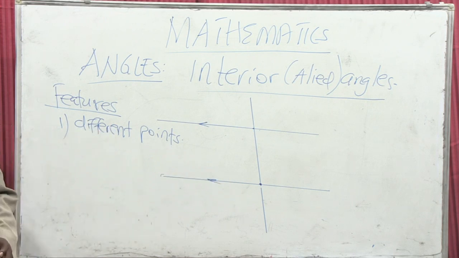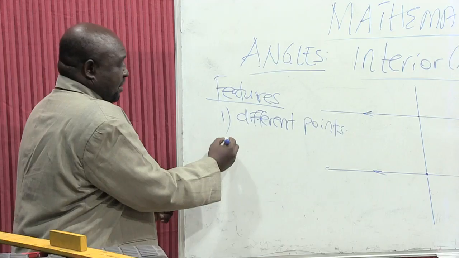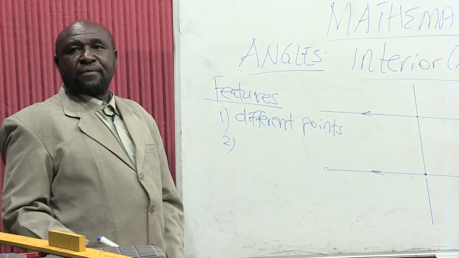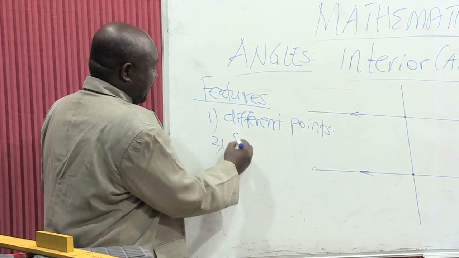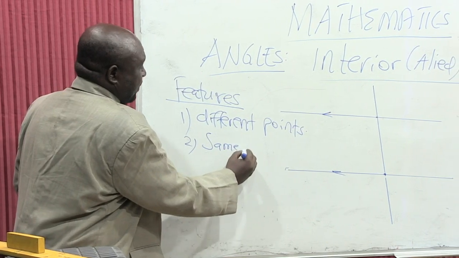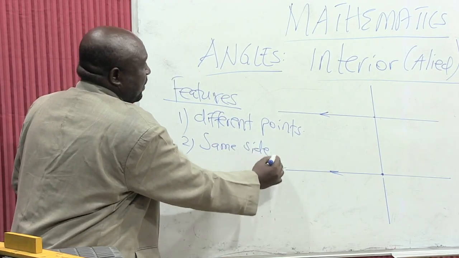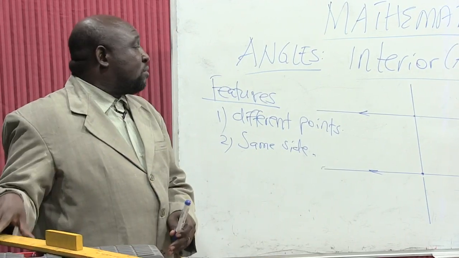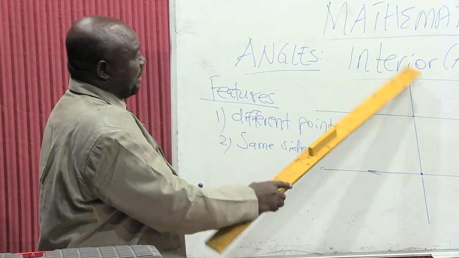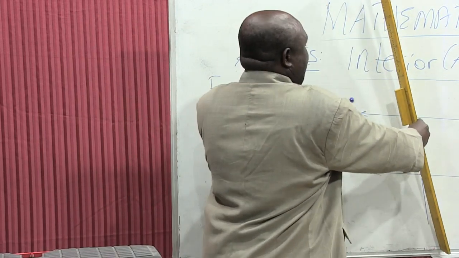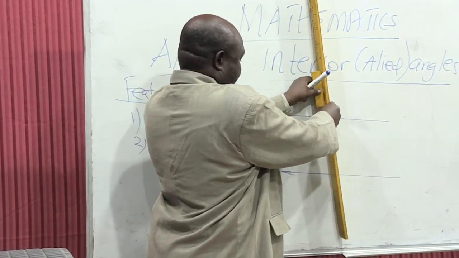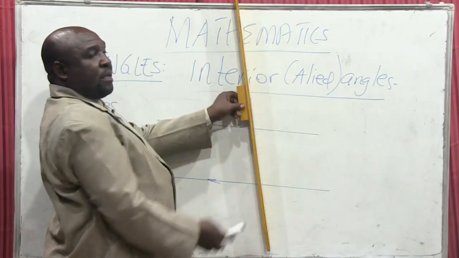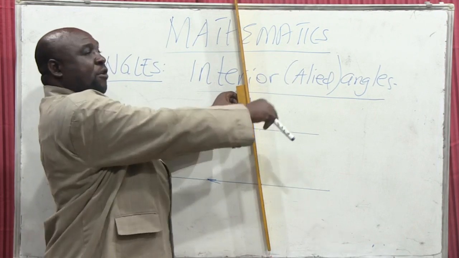Now, another feature of interior angles is same side with respect to the transverse line. So they are found on the same side.